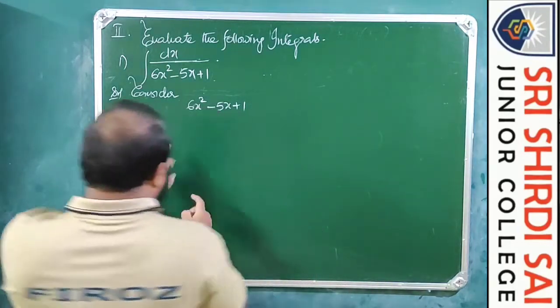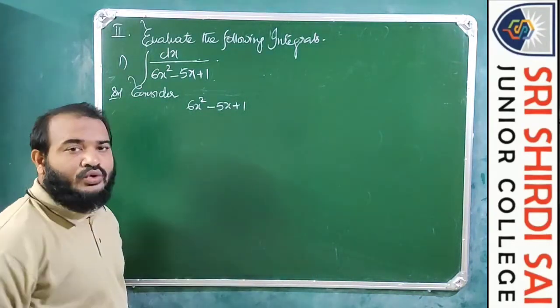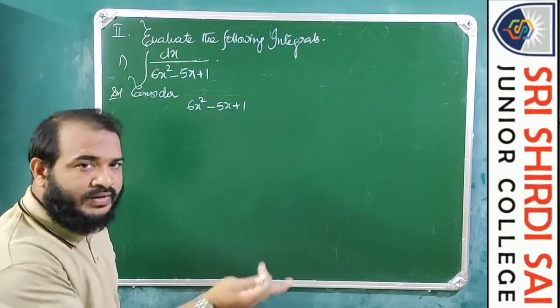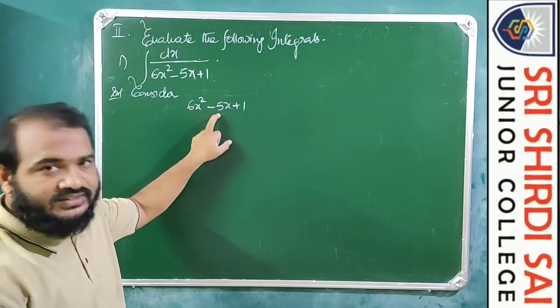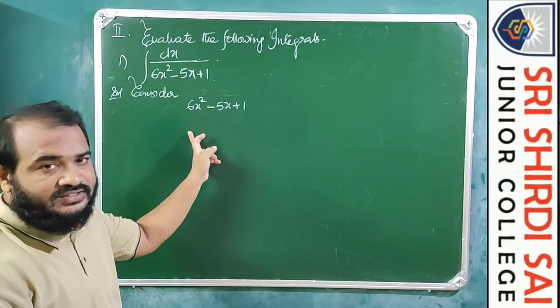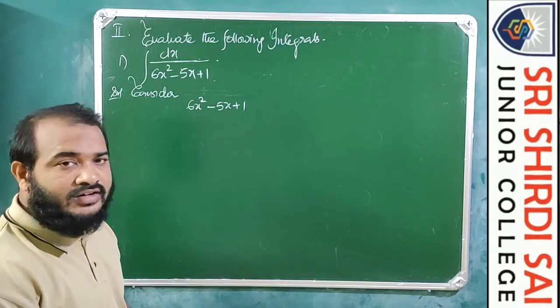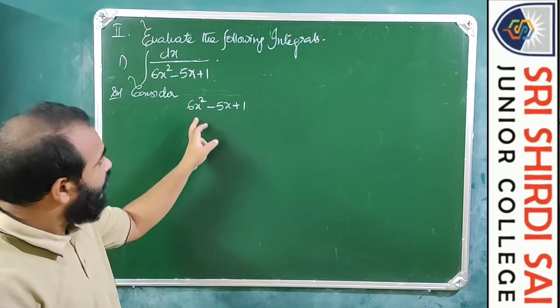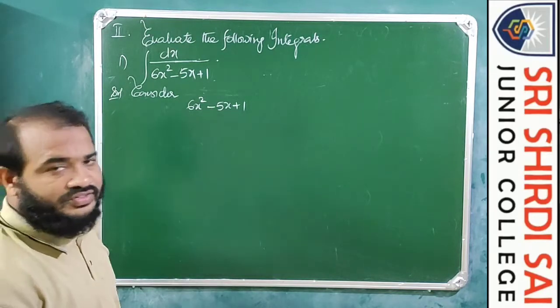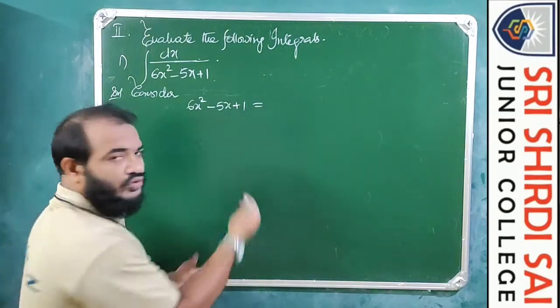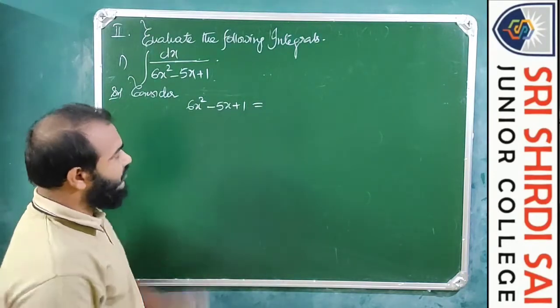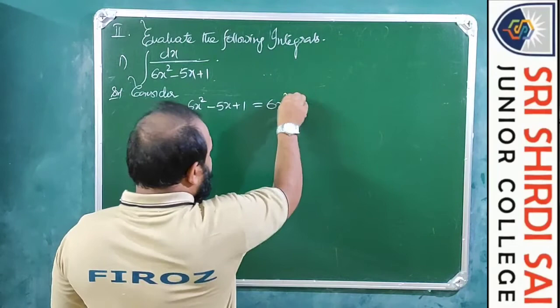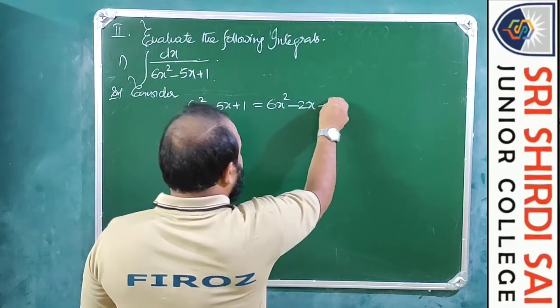Now, 6 1s are 6, 2 3s are 6, 2 plus 3 is 5. So yes, it can be factorized. We use the splitting of the middle term method to find the factors. So let us do the factorization. 6 into 1 is 6. So 6x square minus 2x minus 3x.